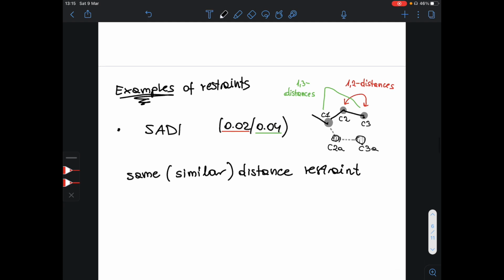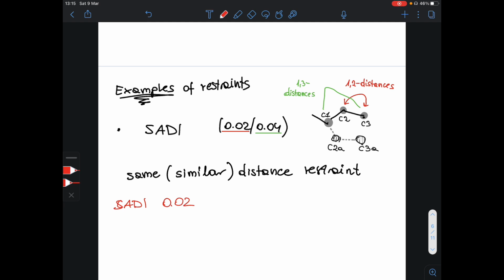So what kind of restraints could be right for this particular situation? We can say that, for example, SADI, the standard uncertainty for 1-2 distances is 0.02. That's by default by the program, so you can either write it down in the command or you can just skip it, not write it, just say SADI.